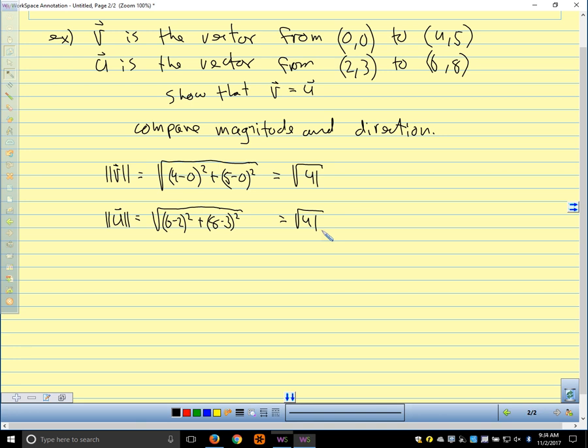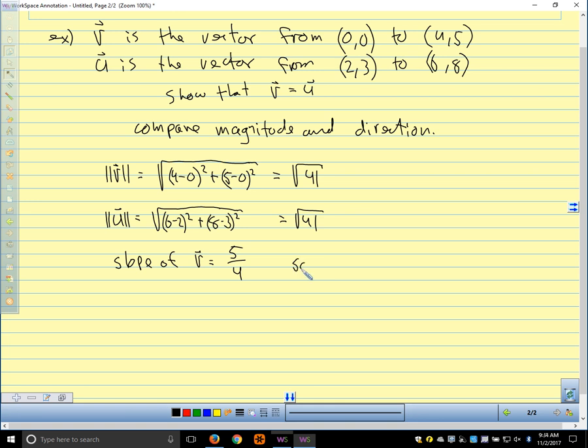How are we going to figure out their direction? Yeah? Slope. The slope will tell us the direction, right? So let's look at the slope. The slope of v is y2 minus y1 over x2 minus x1, five fourths.